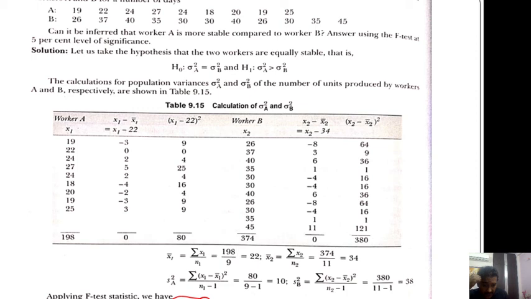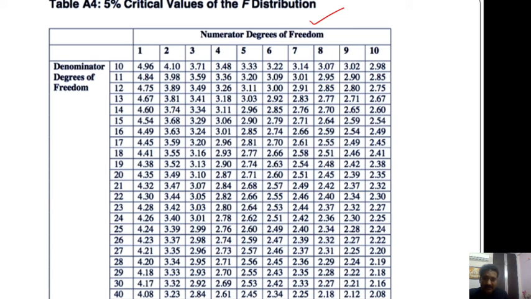Here at 5% level of significance, v1 is 10 and v2 is 8. Okay, v1 is 10 and v2 is 8. So come to the F table. This is the F table. v1 is 10 means this, and v2 is 8 means this value, and at 5% level of significance, I think this is the value 3.07.